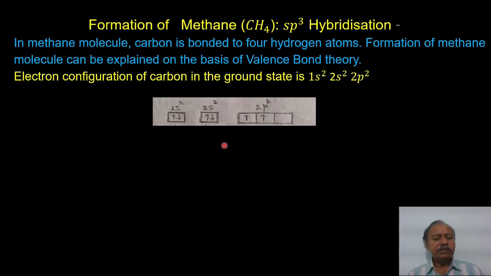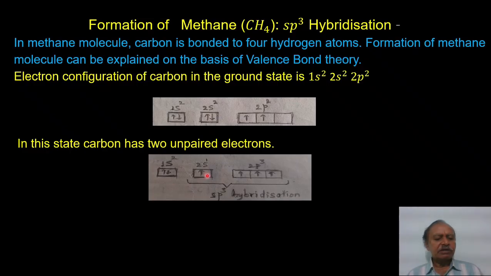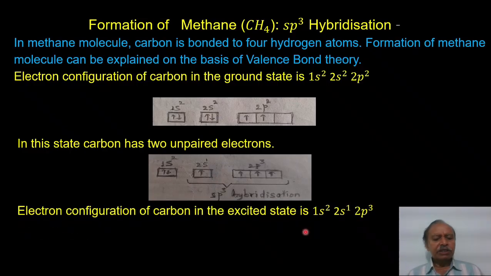But when carbon is in the excited state, the electronic configuration of the carbon atom is 1s2, 2s1, 2p3. This is the electronic configuration of carbon in the excited state.